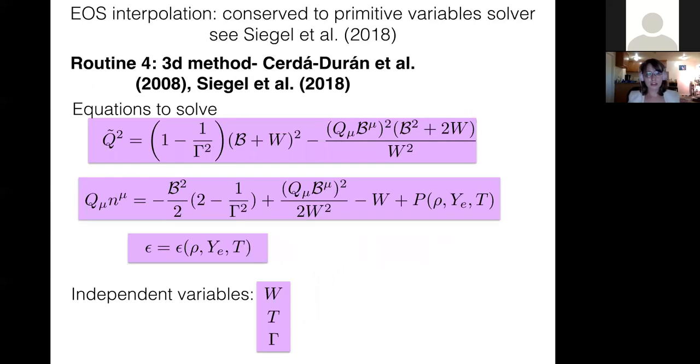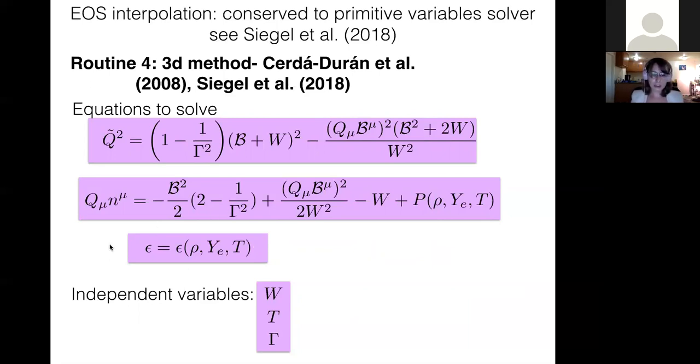And additionally, we added a fourth routine, which is also based on a routine that Dan has, and that's in the Cerda-Duran paper. Here, instead of a 2D method, we actually have a three-equation method. These two equations are the exact same as in the 2D method, but instead of the velocity as the independent variable, we have the Lorentz factor as the independent variable.